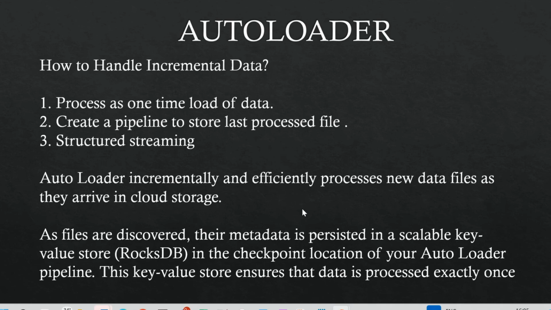The second way is to create a complete pipeline and store your last processed files, so that only the new data files that arrive are picked up and saved into your table. Then you also have structured streaming, in which you do streaming processing on Spark itself. But all of them have a few challenges.